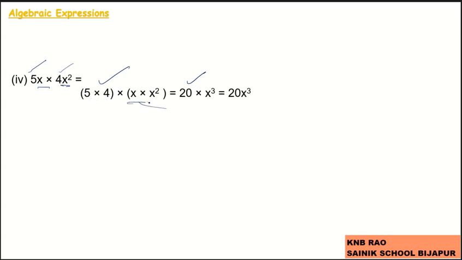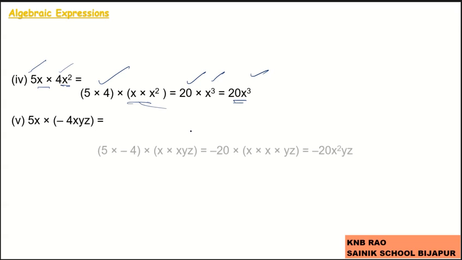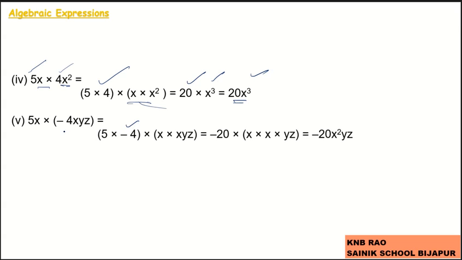So, variable portion is x into x square, which gives me x cube, and it totally results as 20x cube. Now, let us take one more example, 5x into minus 4xyz. So, first we will multiply numerical portions, that is 5 into minus 4, and variable portions separately, x into xyz.